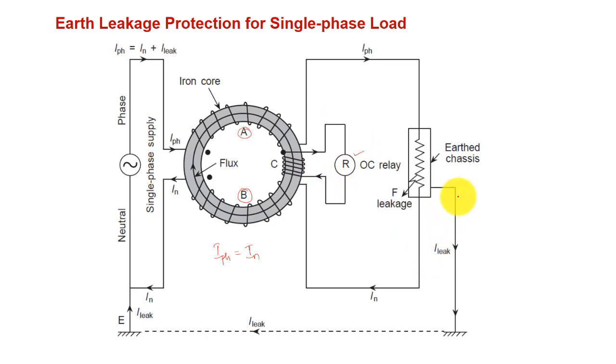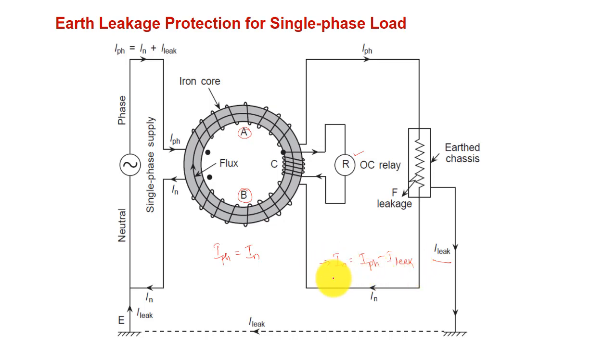But as soon as there is a leakage current, let us say I leak, the current IN will become IPH minus I leakage, right?